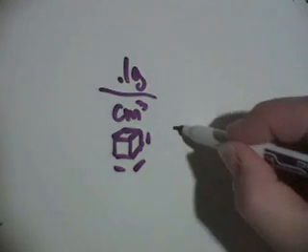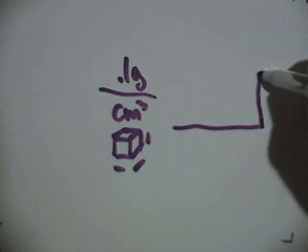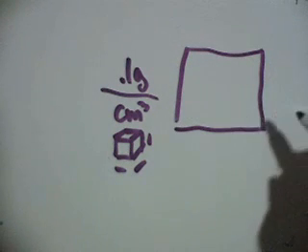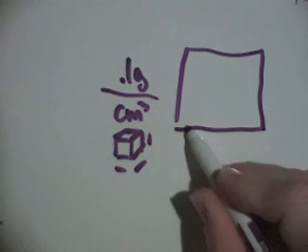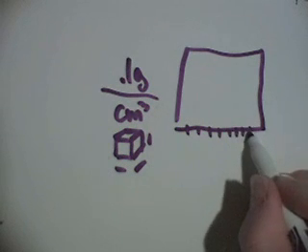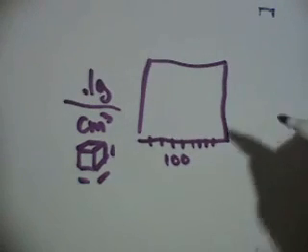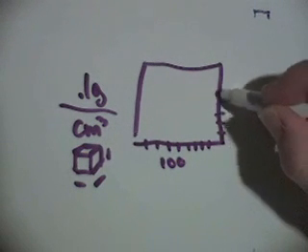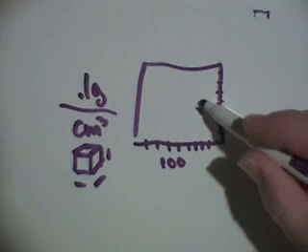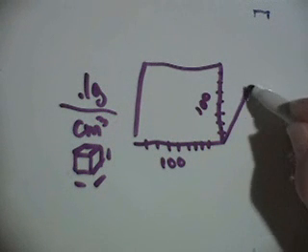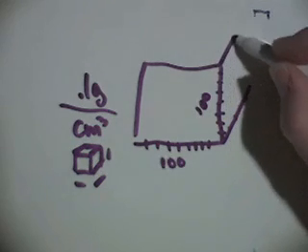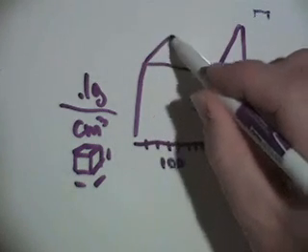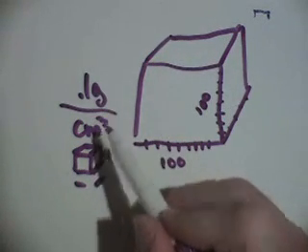Well, if I had a meter cubed, I would have 100 centimeters by 100 centimeters tall, and then it would be 100 centimeters deep. And that could be your cube. So how many of these pieces would I have?